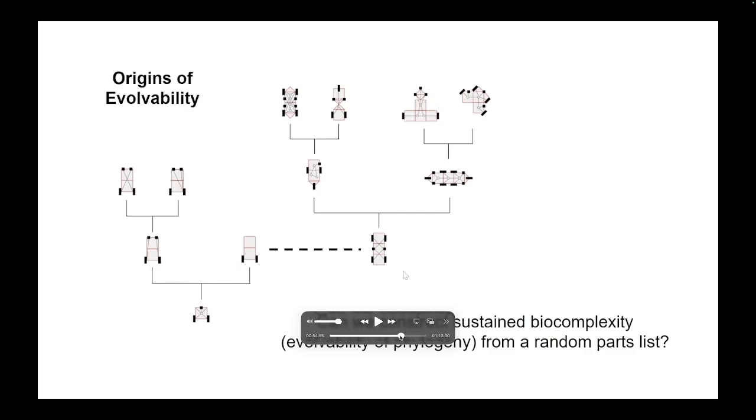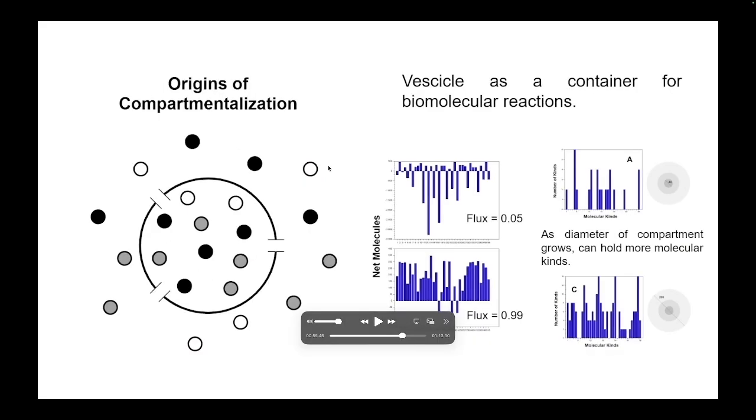An ensemble being the statistical physics tool of ensembling, meaning a population of things, and that diversity then leads to some outcome. In this paper we explored the origins of evolvability and the origins of compartmentalization, those two things contributing to early life.